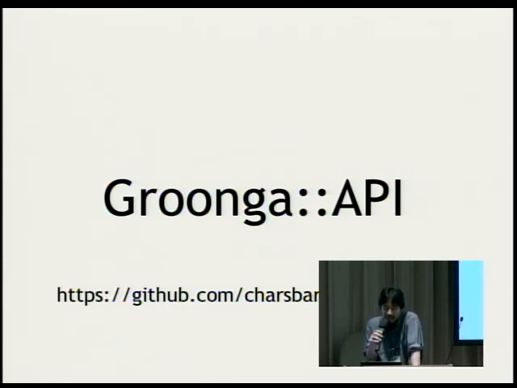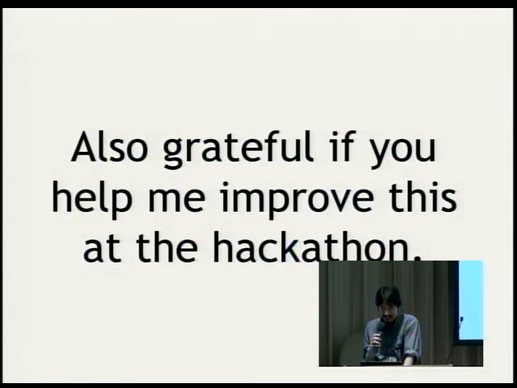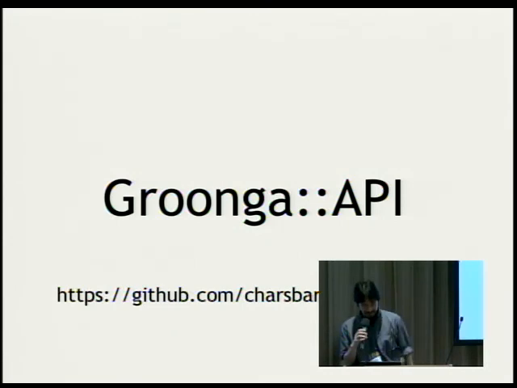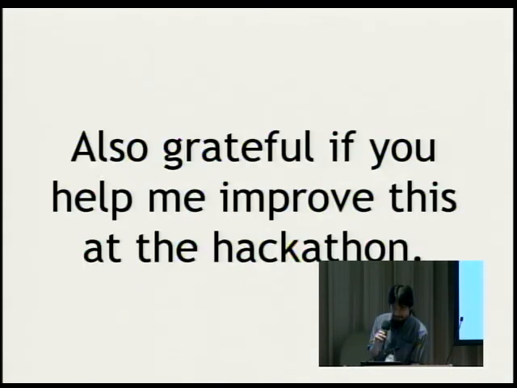I started writing this module. This is not released yet. And I'm grateful if you help me to improve this at the hackathon. If you want to know about the Groonga API, ask me later, and I'll tell you more details.